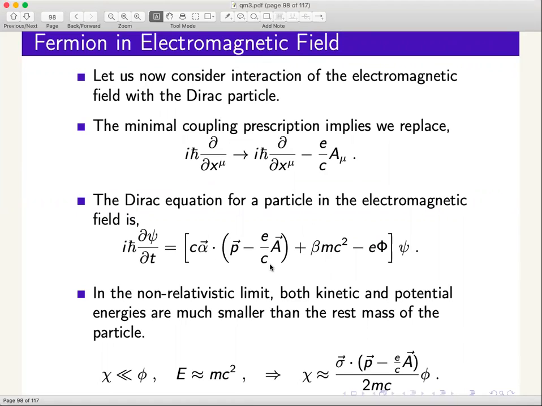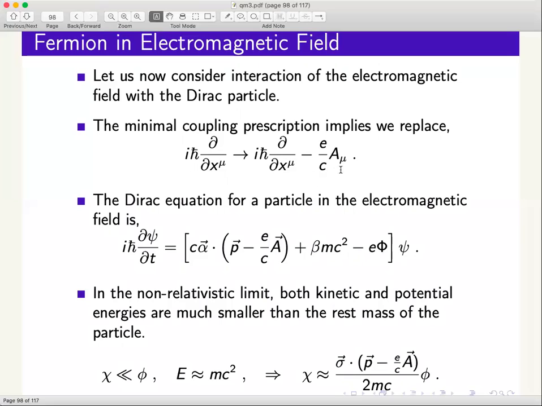Okay, so we'll follow the same technique: elevate the ordinary momentum to a generalized momentum. That would tell you that you should replace this differential operator by the minimal coupling prescription, which is to replace the differential operator by a term which involves the corresponding electromagnetic gauge field.